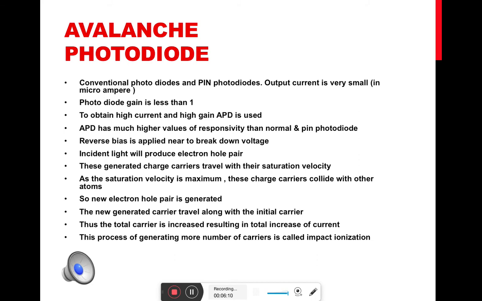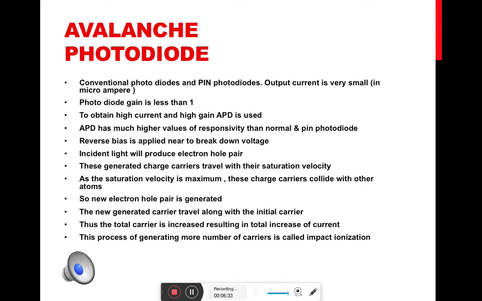In the avalanche photodiode, in between the I layer and the N layer, we bring in a new layer called the P layer. Why we bring this P layer, I'll explain. So that is the structure of the avalanche photodiode: a p-type semiconductor, an intrinsic layer, another p-type layer, and then an n-type semiconductor material.